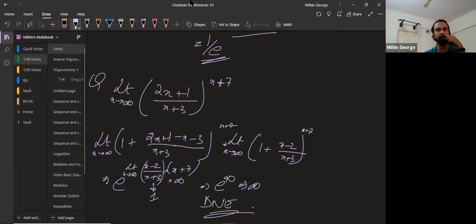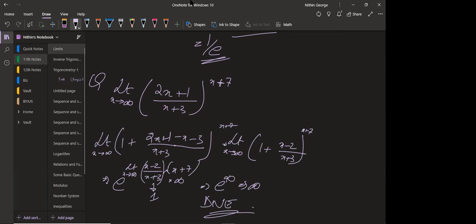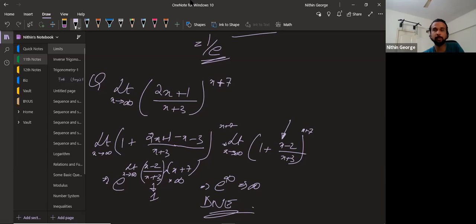Are you following? Yes, sir. No, sir, it's indeterminate. Yeah, it's not really indeterminate. It's actually pretty determinate. You can see that 1 plus f of x raised to g of x, and this (x minus 2) divided by (x plus 3) tends to 1 when you put x into infinity. We applied it when it tended to 0.